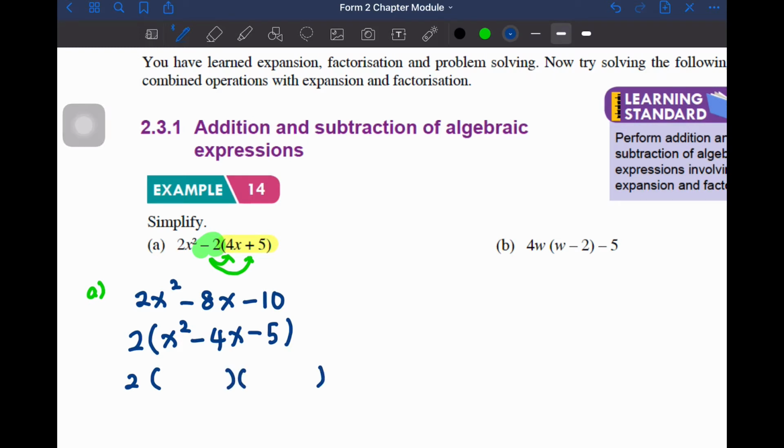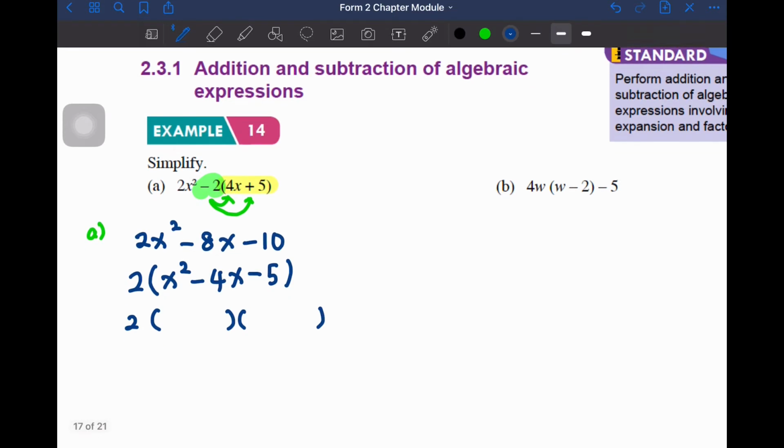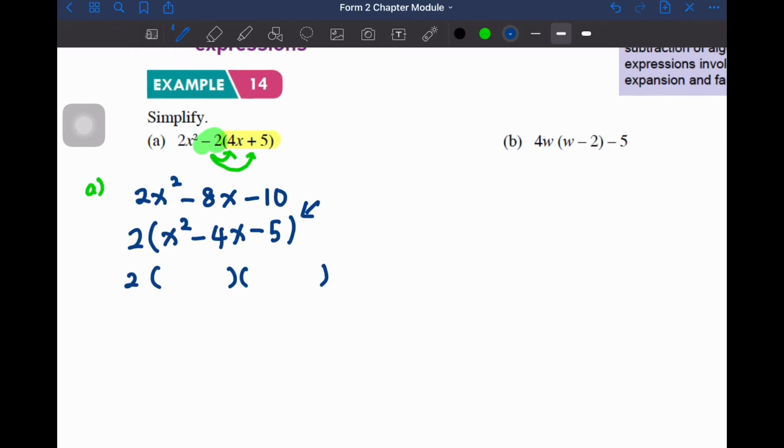So how to solve this bracket? Just like the previous class, you can write it like this. We have x squared, negative 5, negative 4x, and then you put it inside a box.